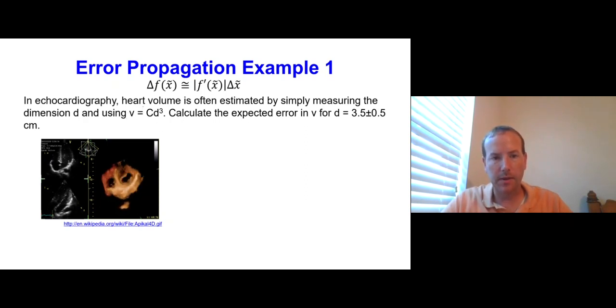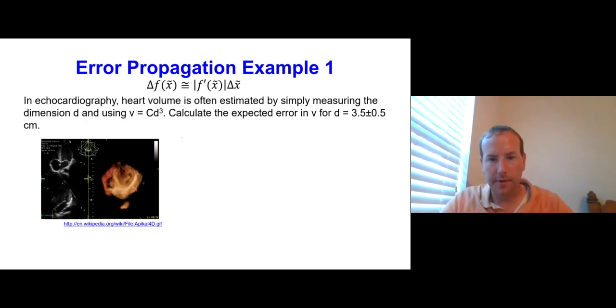And so they might use a formula like volume equals some constant times that dimension cubed. Because there's a lot of error in estimating these dimensions, we're going to look at how error in the measured dimension of plus or minus 0.5 would affect the expected volume from a calculation like that.